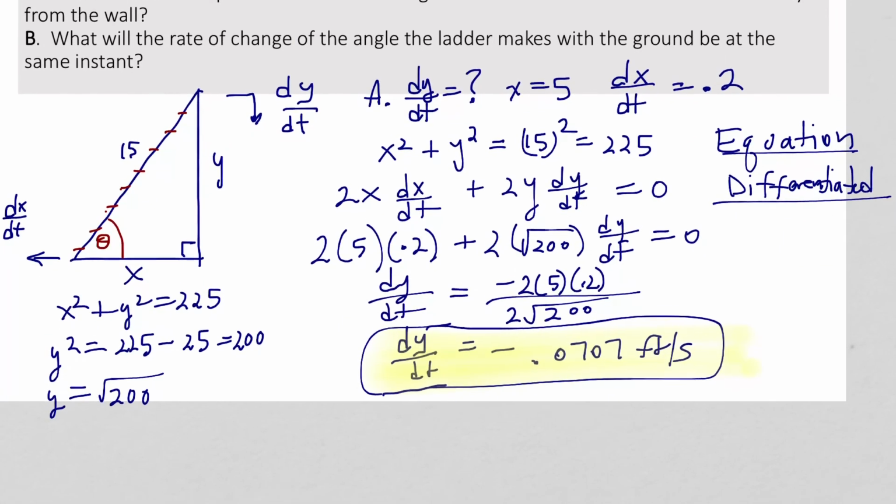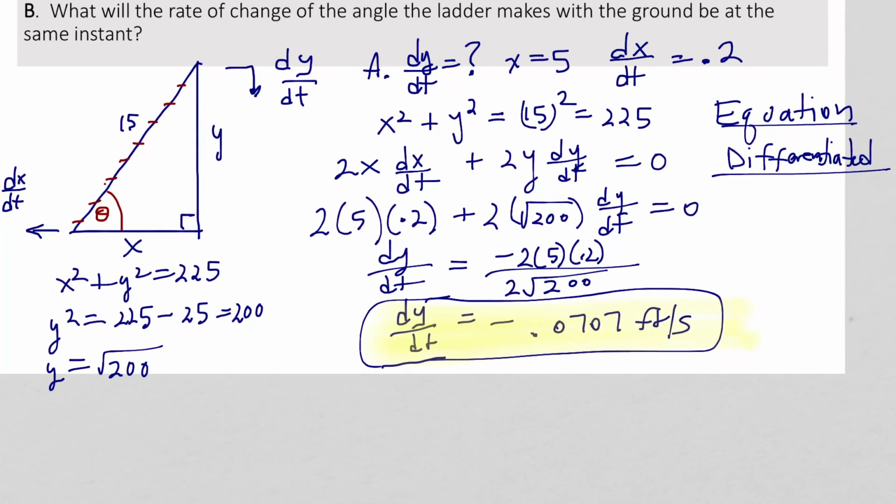Okay, now let's do part B. Part B says, what will the rate of change of the angle be? So the angle the ladder makes with the ground, that's this angle here. What will the rate of change of that angle be at the same instant?